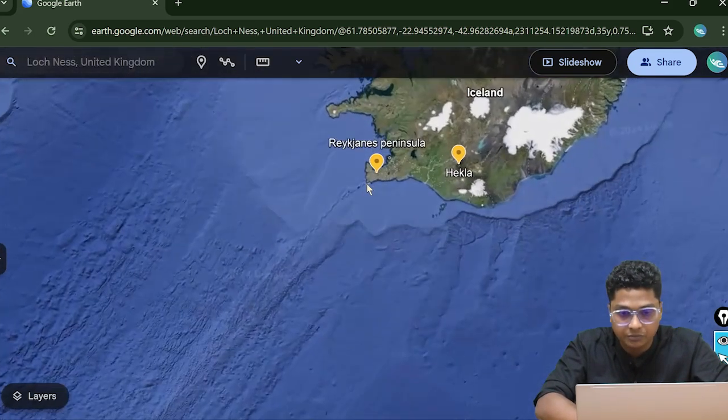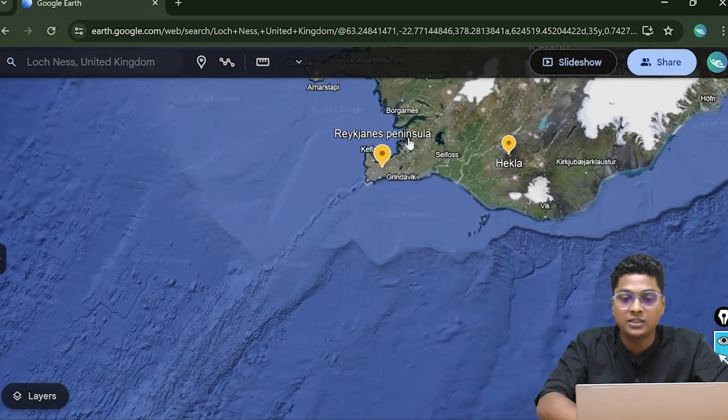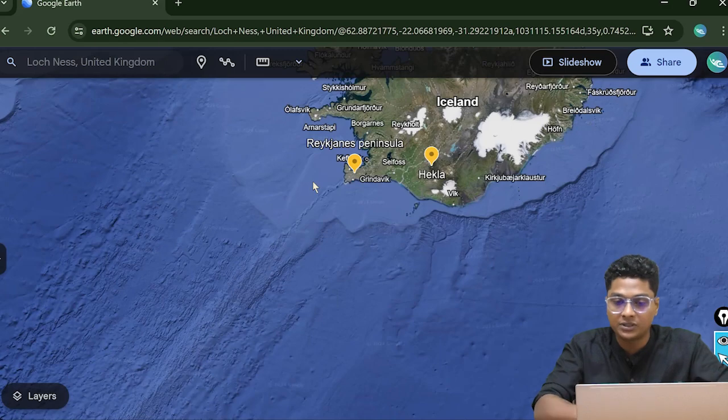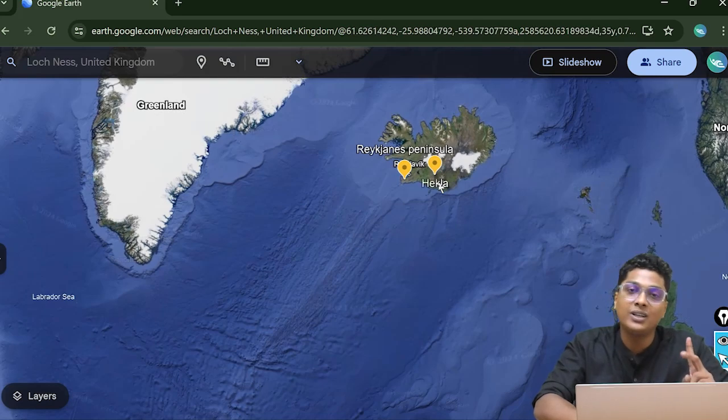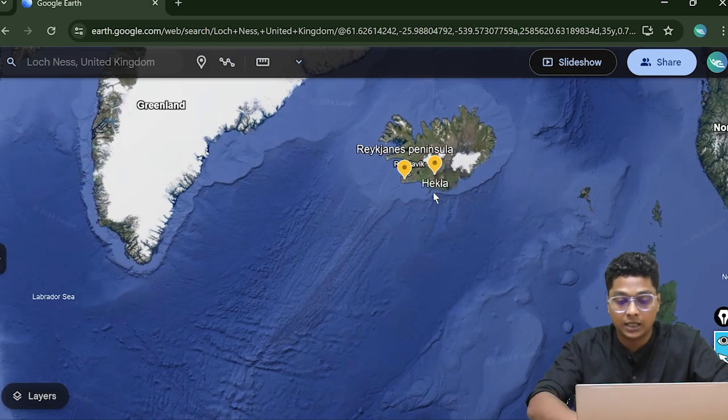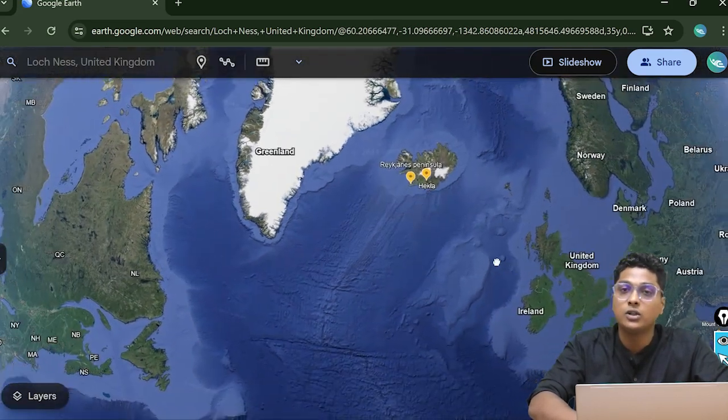This region, the Reykjanes Peninsula, is in news because of the continuous eruption. Also, this volcanic mountain Hekla, remember the name. So Stromboli, Etna, Vesuvius, Hekla. Remember these four names as the active volcanoes here in Europe.